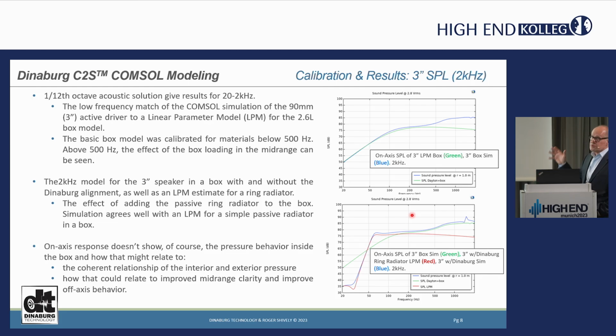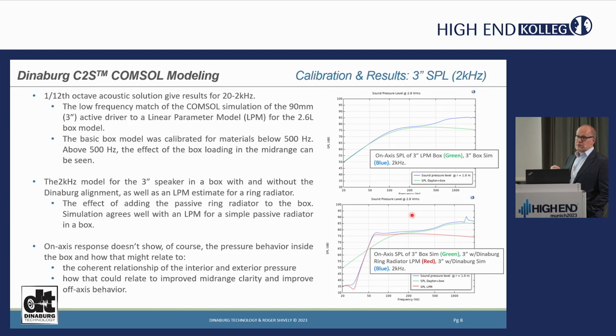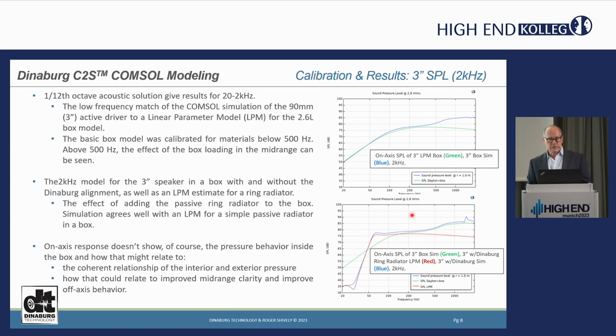This is all on axis, so we're not really seeing any other performance except on axis, and later on we'll see some off axis data, but to do that we had to change the model. So we're basically calibrating our model here to say that we have a good baseline to start analyzing the behavior of this speaker. But like I said, we're on axis, so we don't get to see anything that's off axis.